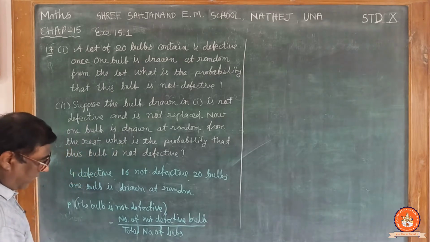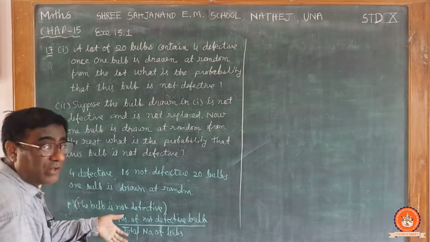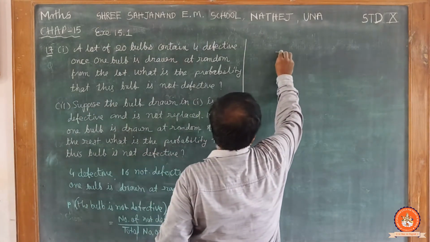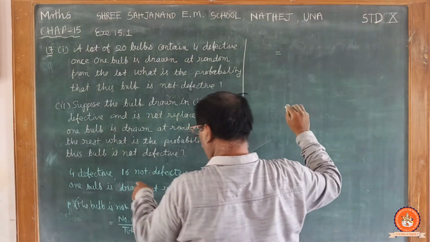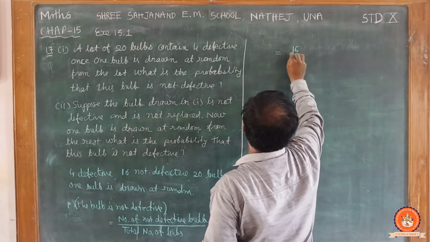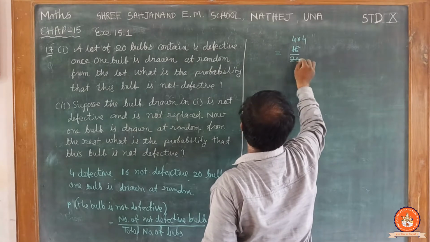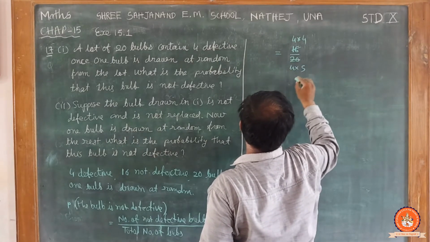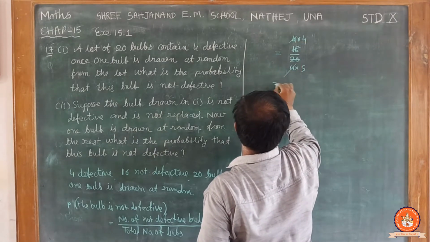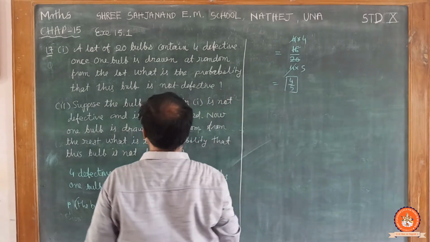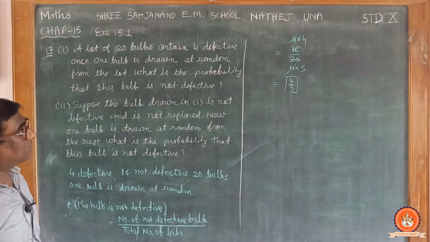It is somewhat hard to write in that lower line. Okay. Is equal to the number of not defective bulbs, it's 16, and total is 20. So it's 4 upon 5. So the probability of getting a not defective bulb is 4 upon 5.